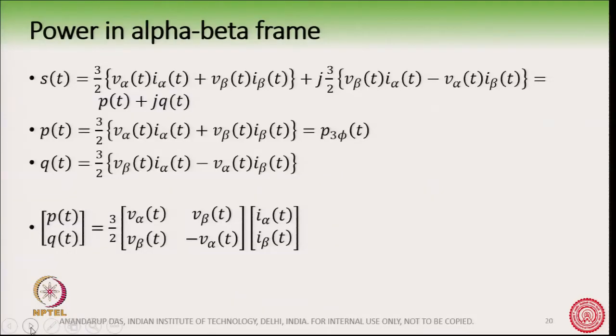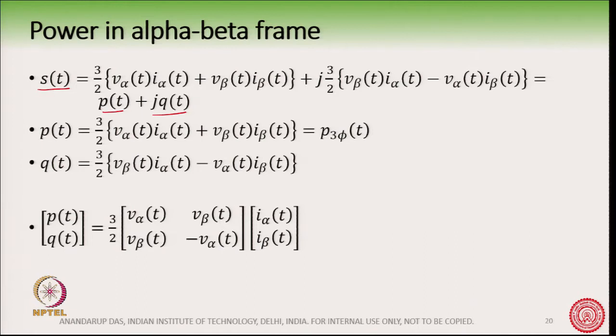So, therefore, we can write this as S t as P t plus j Q t, where P t is the instantaneous real power, and Q t is the instantaneous imaginary power or instantaneous reactive power, and this is something which we will explain a little bit more. So, S t is P t plus j Q t.